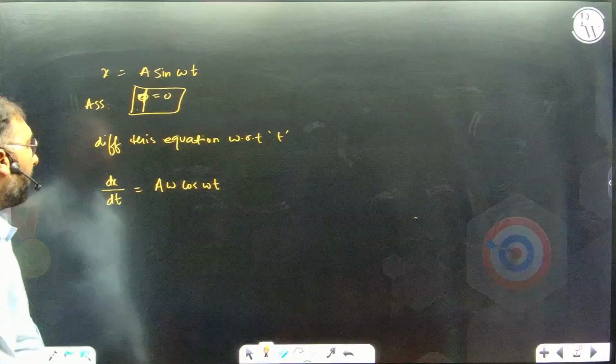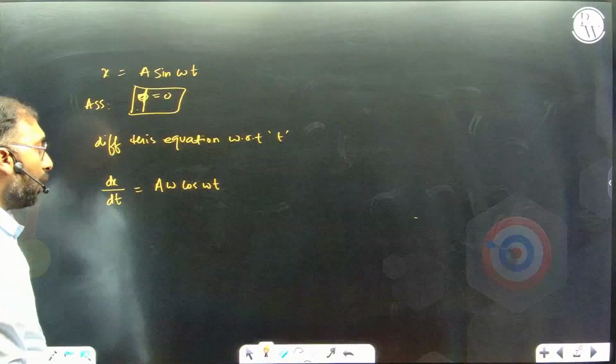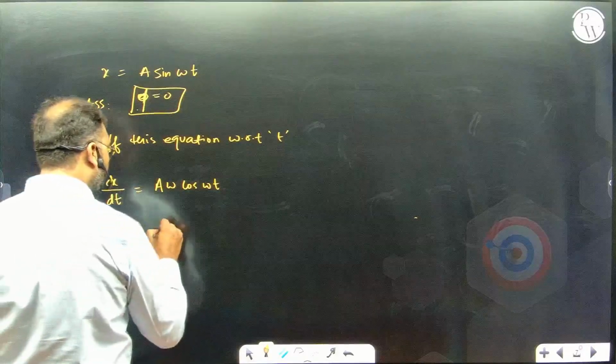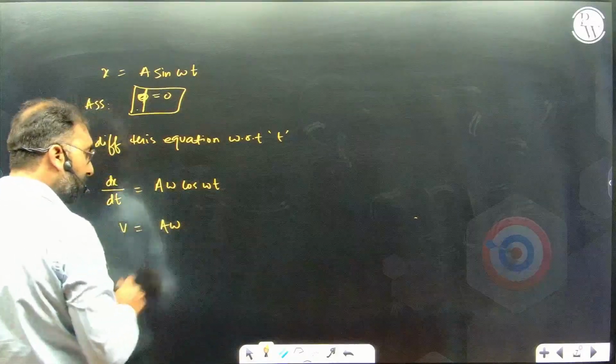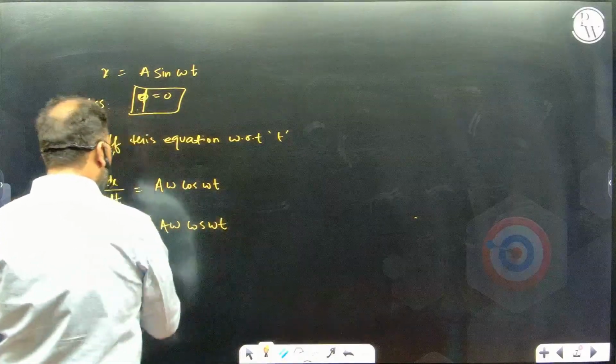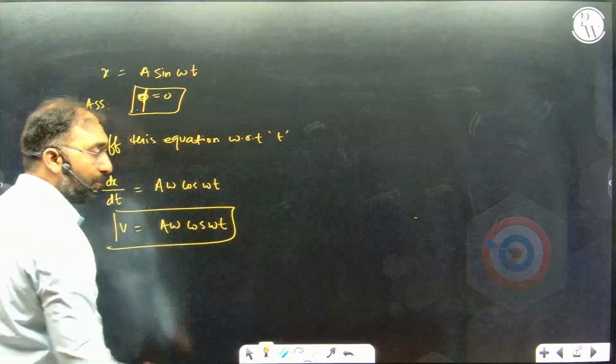So dx by dt equals a omega cos omega t. So dx by dt represents the velocity of the particle, and it is a omega cos omega t. This is the velocity of the particle which is performing SHM.